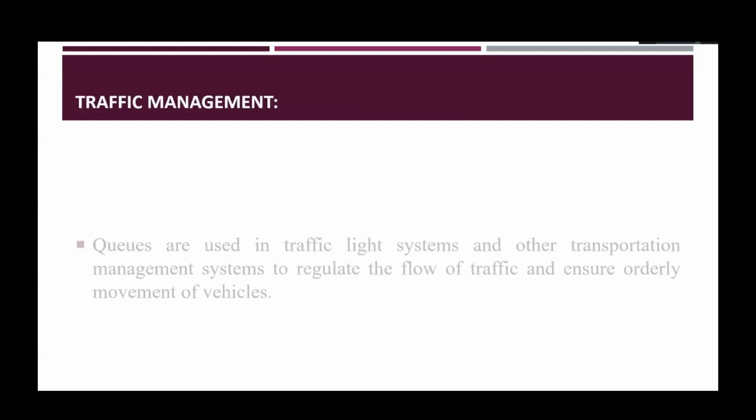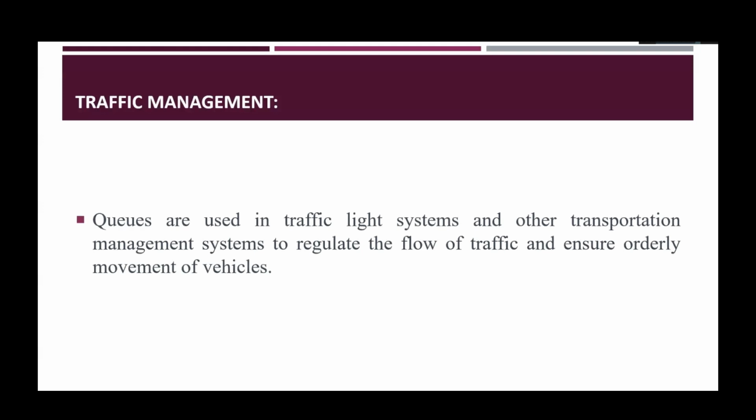Today we are facing a serious traffic issue, so the traffic light system is also managed by the queue. Whenever there is a yellow signal, green signal or red signal, it purely depends upon the queue. Internally, it is done on the basis of the queue to regulate the flow of traffic and ensure the order of movement of vehicles. When the green light will be on, when the red light will be on, when the yellow light will be on, is purely on the basis of the queue.